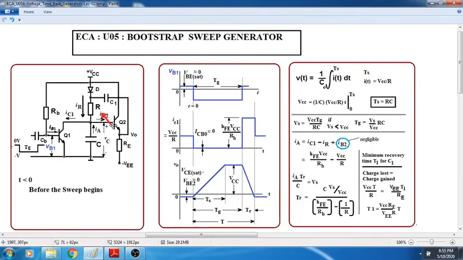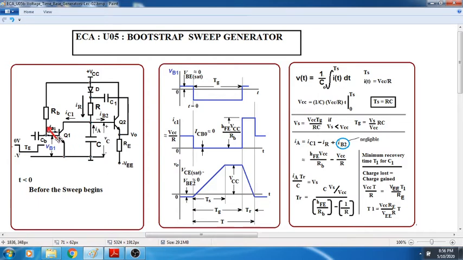That means increase in voltage and decrease in voltage must be enabled at the capacitor. On its own, the capacitor cannot charge and discharge. So we have connected a transistor Q1, and this Q1 will make sure, with the help of an input trigger or a switching pulse, so we will call it a switching pulse, that this switching pulse will decide when this capacitor will be allowed to charge and when it will be allowed to discharge.